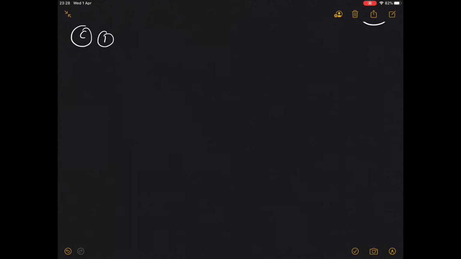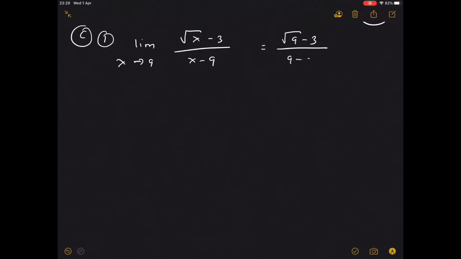If you have the limit when x approaches 9 of the function root x minus 3 over x minus 9, as you can see, if you just simply substitute, you will have square root of 9 minus 3 over 9 minus 9. That will give us 0 over 0 also.